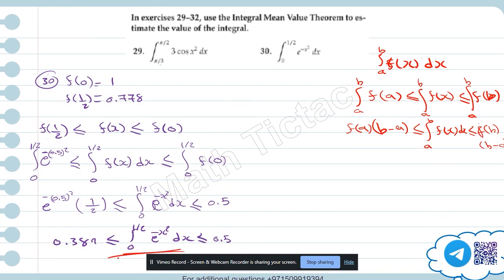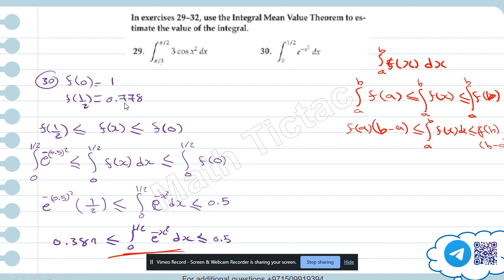Okay, so this is how you can solve the question using the integral mean value theorem. The same thing, but you have to be careful. First of all, start by finding f of a and f of b. The lowest, I'll put it at the first, and the highest, I'll put it at the end.